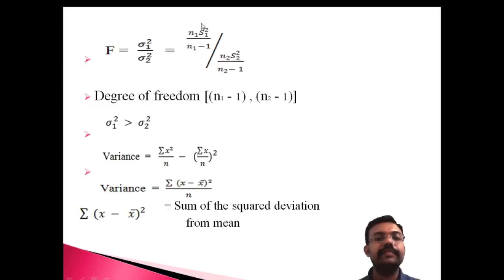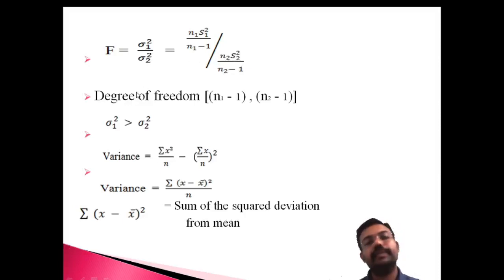Okay, there is a first set of variance and a second set of variance. That means this is the first set of data and this is the second set of data. s1 square means the variance of the first, s2 square means the variance of the second, n1 is the number of observations of the first group, n2 is the number of observations of the second group. That's the representation.